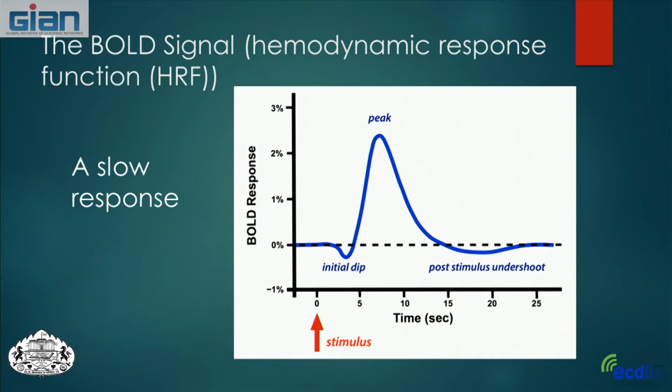So the bold signal will rise, and it will fall again after the area goes back to baseline or is no longer being used. So you can see this is about 6 seconds to the peak of the bold signal after an area becomes activated, and to go back down to baseline, it takes about 15 seconds. So this is a very slow response in the body comparatively to a neuron firing.